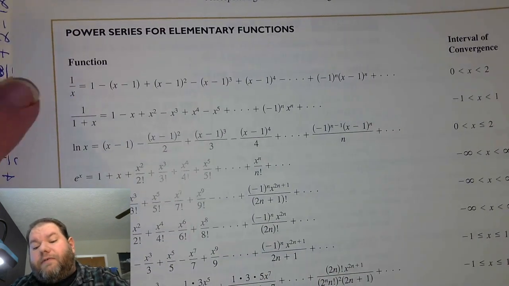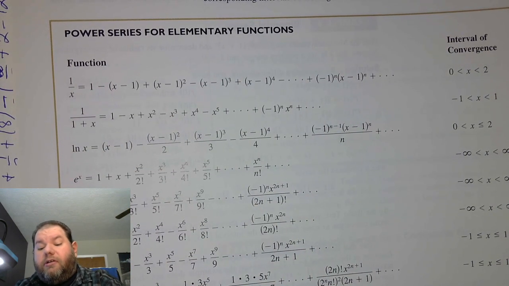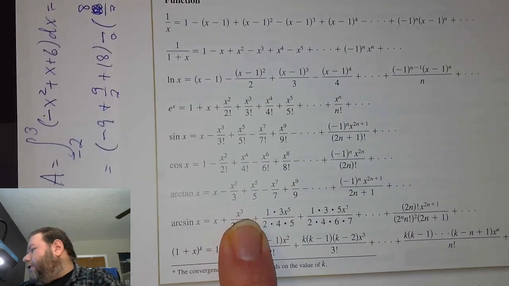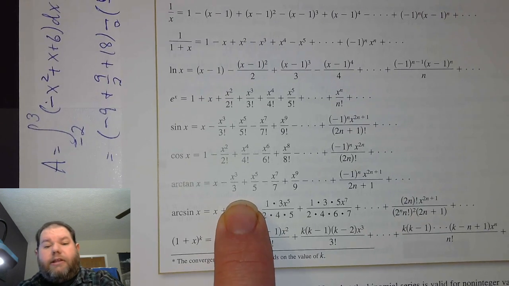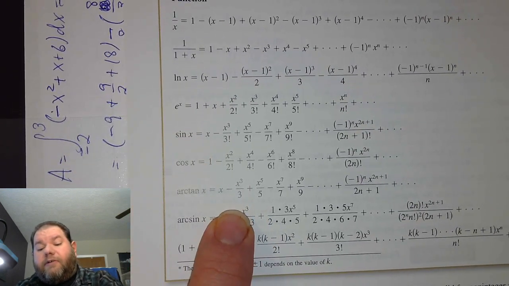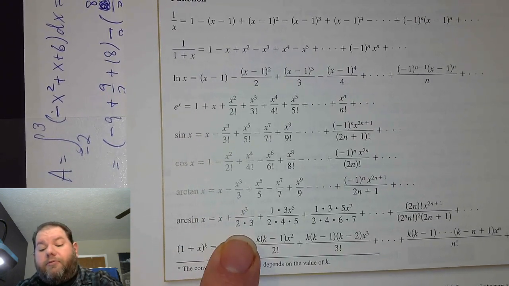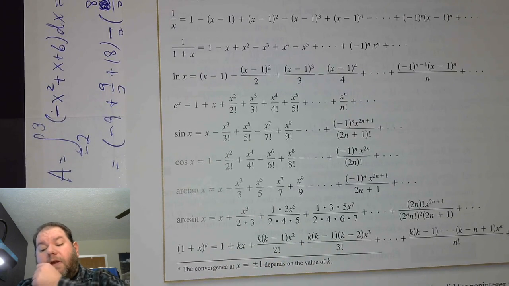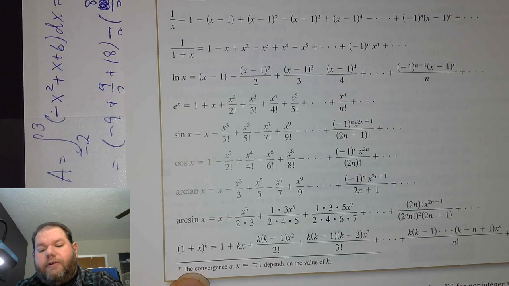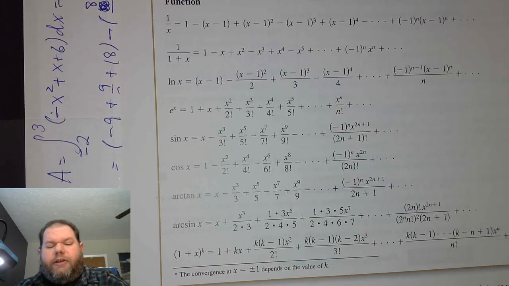New series for 1 over x, and arctangent, arcsine. Arctangent looks a lot like the sine series, except it doesn't have a factorial. Arcsine is very different, as we can see with the products it has in the bottom. And then we have what's called a binomial series, 1 plus x to the k, and it does some weird things because of that.